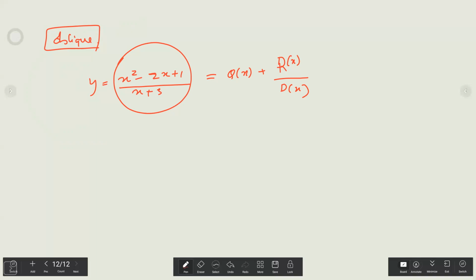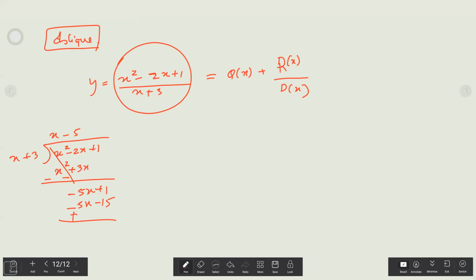So if you have x squared minus 2x plus 1 upon x plus 3, you divide: you get x squared plus 3x, then you subtract. This is going to become negative 5x plus 1, and then you take negative 5, so negative 5x minus 15, giving a remainder of 16.